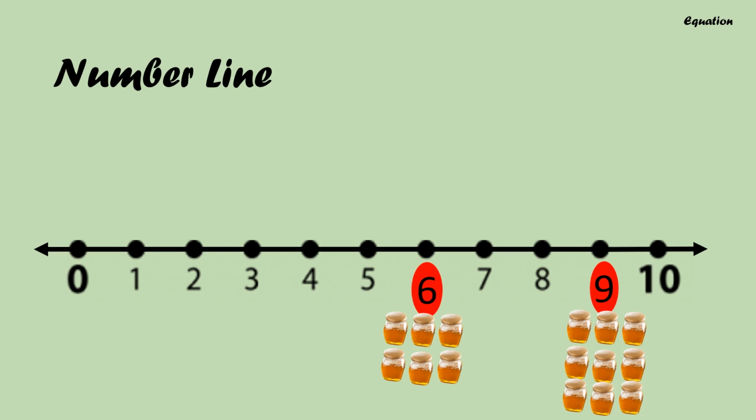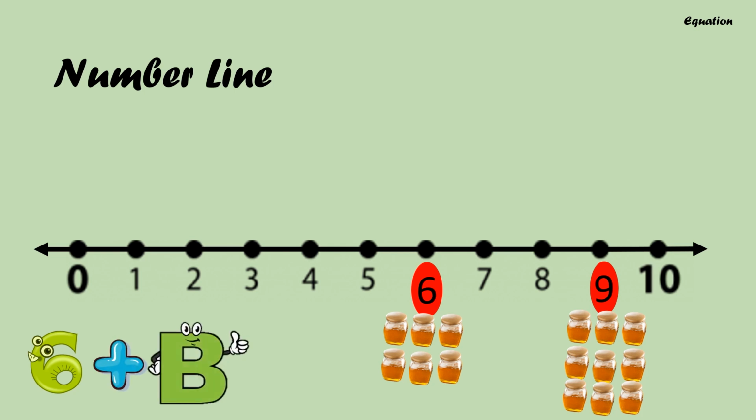Now, in order to find the number of honey jars produced by Mrs. B, or in other words, in order to find the unknown B in this equation, 6 honey jars produced by the first bee, plus B, the number of honey jars produced by Mrs. B, is equal to 9 honey jars in total.